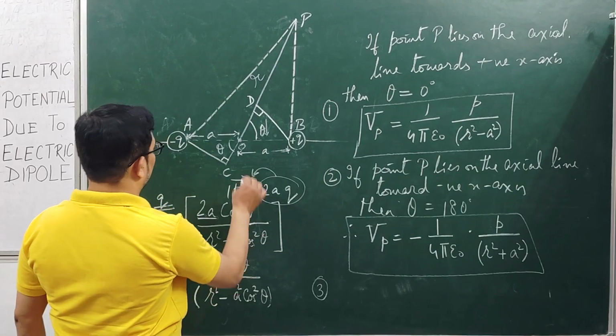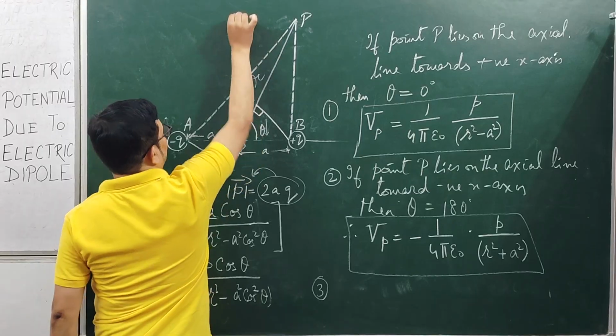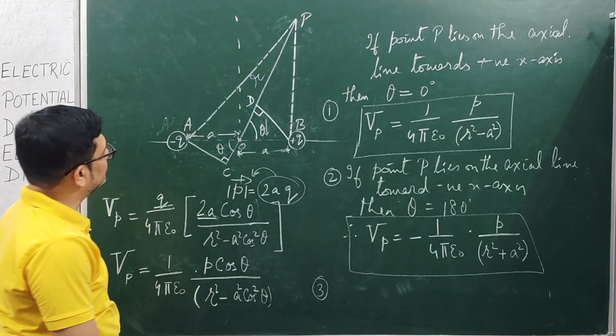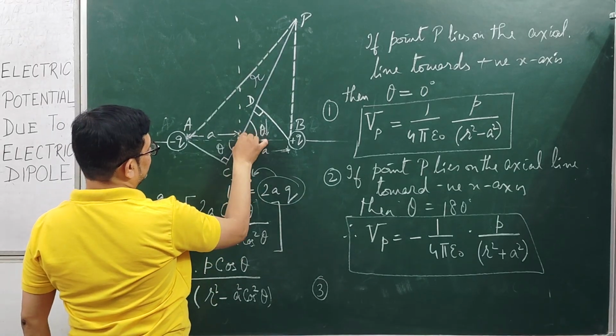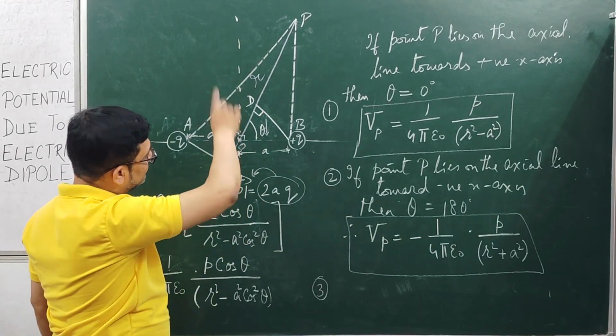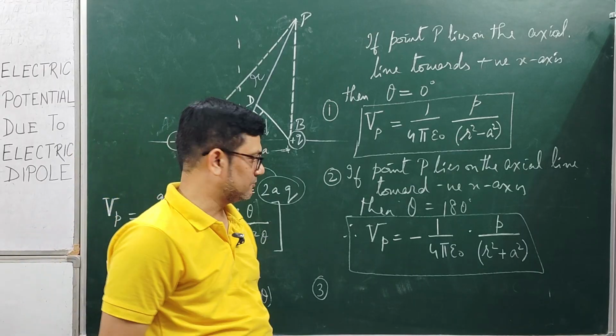What if I want the point P to lie somewhere on the equatorial line? We know the equatorial line is the perpendicular bisector, so any point on the perpendicular bisector is known as the equatorial position.